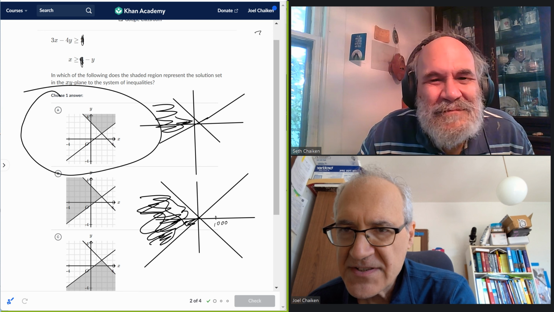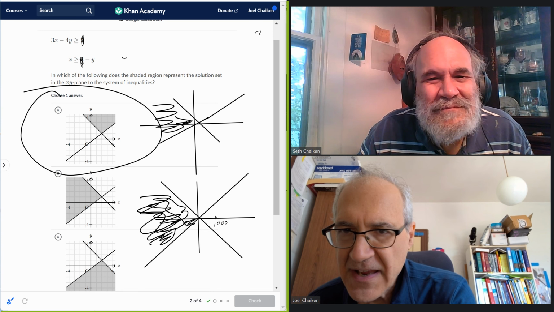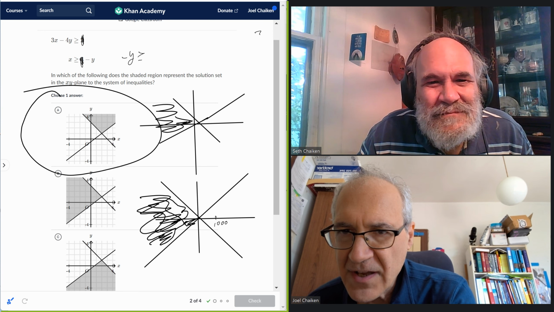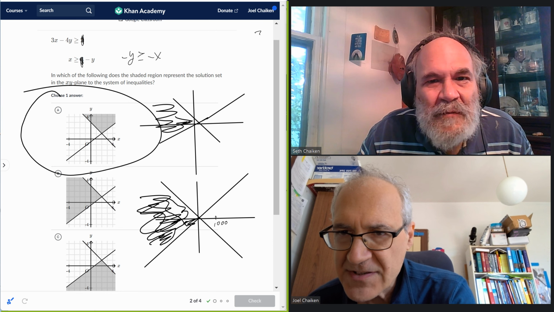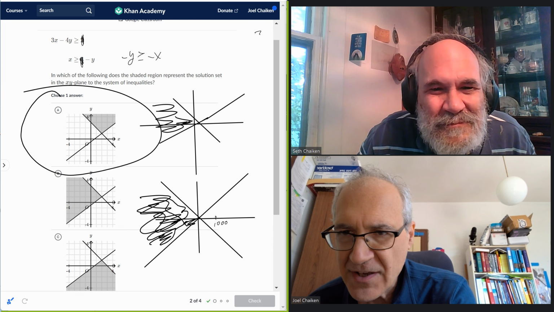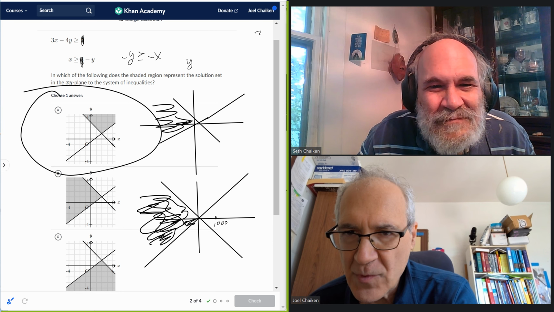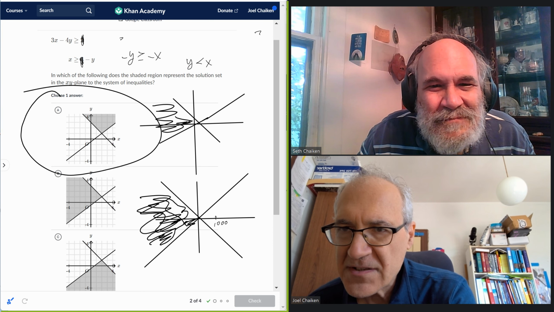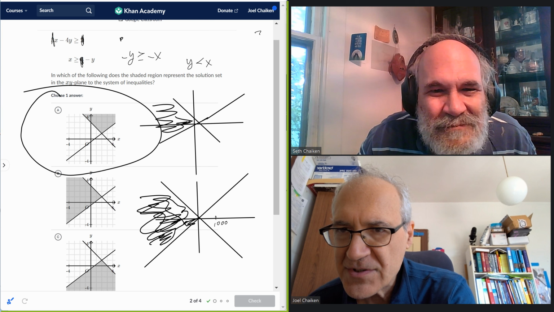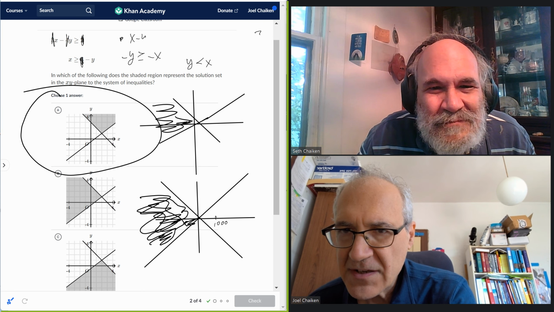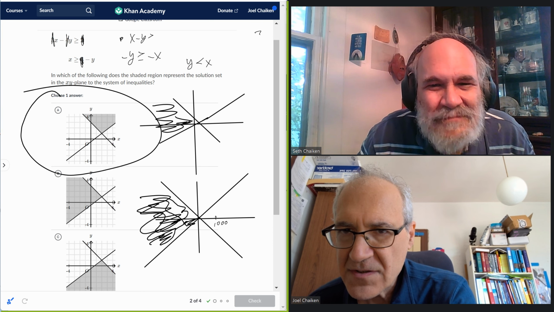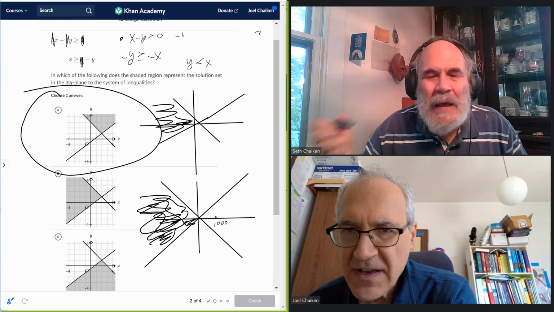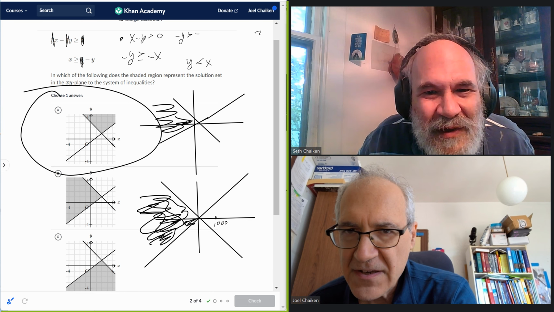You're saying that this becomes negative y greater than or equal to negative x, because I'm moving the negative y to the other side so I don't get confused. And this is simply y is less than x. And this one, ignoring the coefficients also, x minus y is greater than 0. Negative y is greater than negative x.